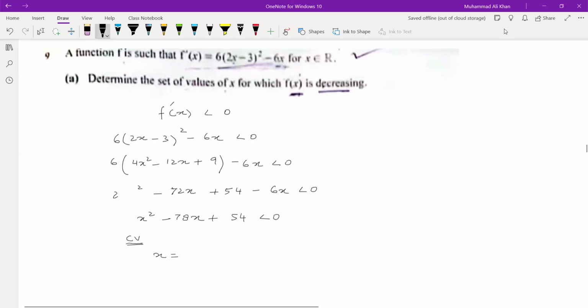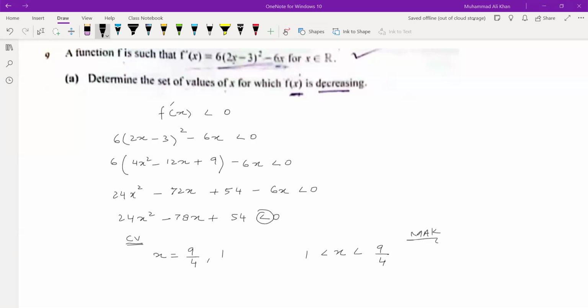It is 24x squared. So according to this, the critical values are 9 upon 4 and 1. So what is the answer? Just put a sign of the last step and write the smaller value here and the larger value here. So these are the limits. In between, the curve is decreasing.